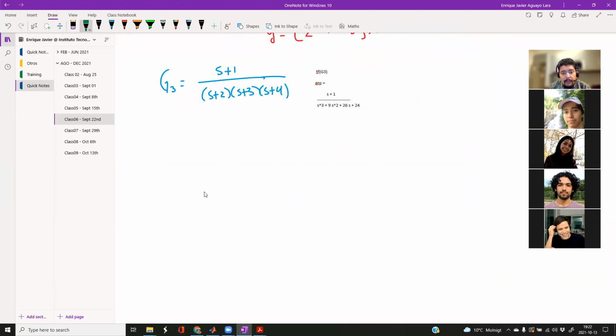The state space representation would be: the derivative of x1 is equal to x2, the derivative of x2 is equal to x3, and the derivative of x3 is equal to -24 times x1, -26 times x2, -9 times x3, plus u, where the output from the system is given by x1 plus x2, being the coefficients of x1 and x2 respectively.